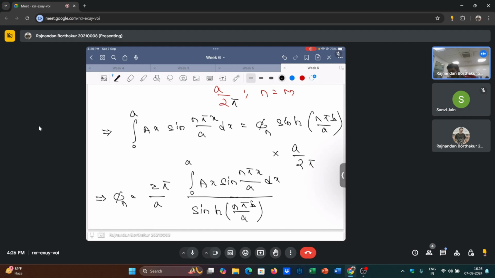Okay, and this is how you have determined what is phi n, right? Because can you tell me the right hand side of this form is known or unknown? So is this a known or an unknown quantity?